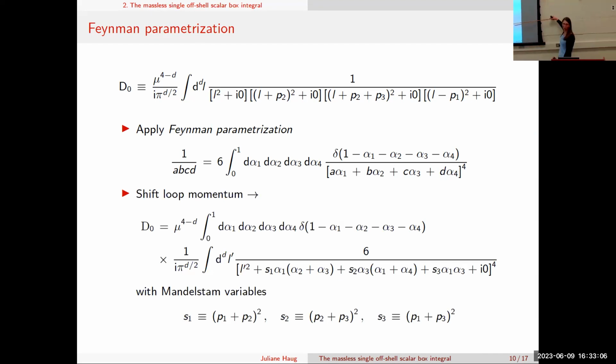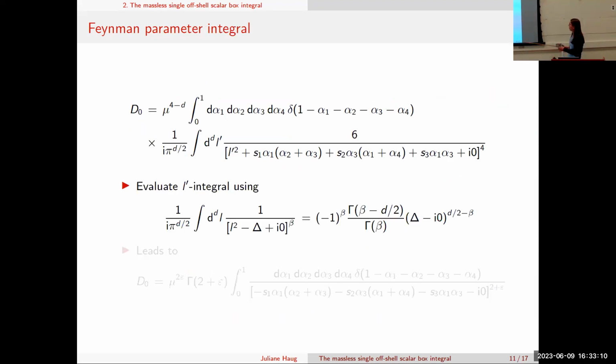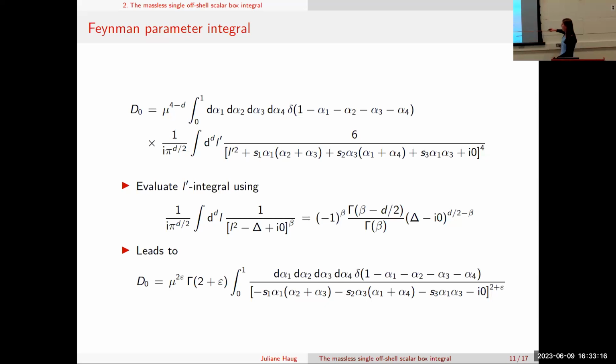There's a formula to evaluate integrals of this form, which is derived in quantum field theory lectures, but you can just believe me, they are always evaluated via this formula. Now we are just left with the Feynman parameter integral here, and we have to solve this one. Up to here, this is pretty standard procedure for any loop integral. It's not special to the box.